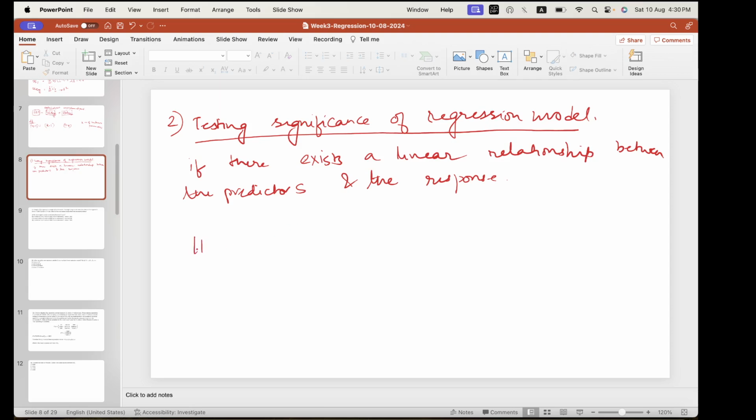The H naught is defined in this manner: beta 1 equal to beta 2 equal to beta k minus 1 equal to 0.